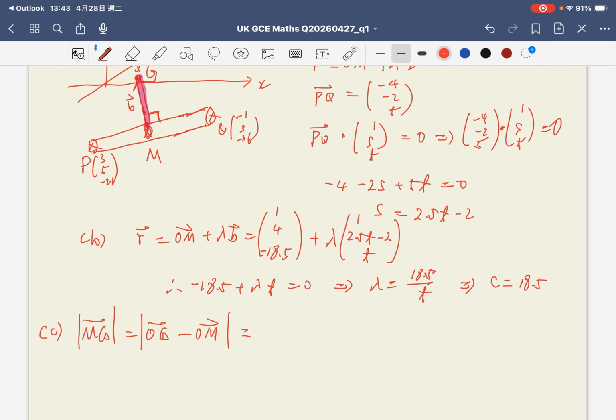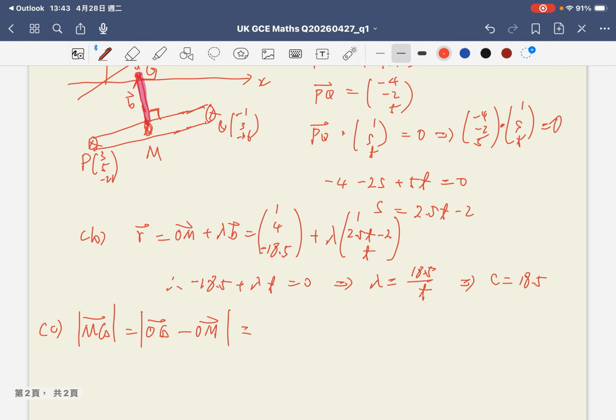OG is equal to, because in this case lambda is equal to 18.5 over t, then I put all the things into this one, OG.